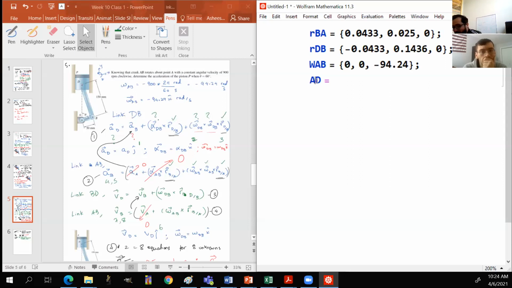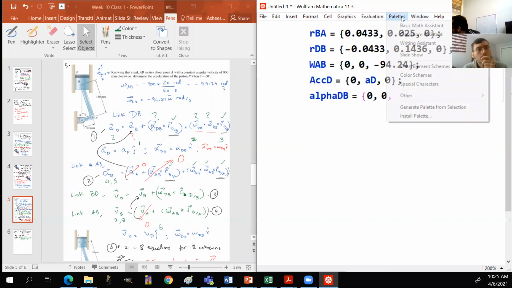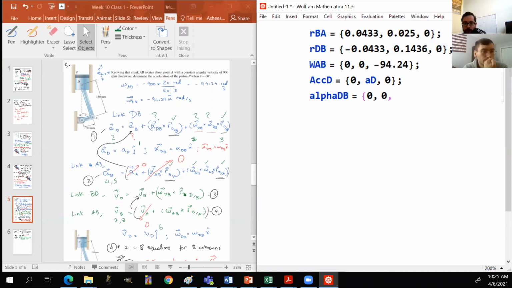How do I write it as acceleration? Let's write it like that. Acceleration D. All right, maybe that's better. That's going to be 0, AD, 0, like that. All right. Then we have alpha dB, that we're saying is 0, 0, alpha.